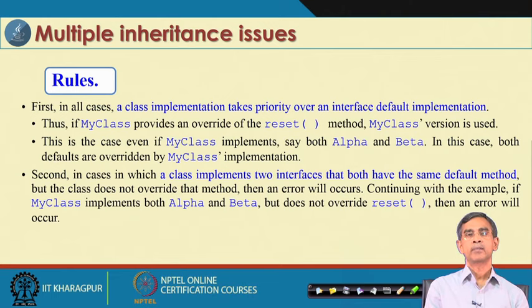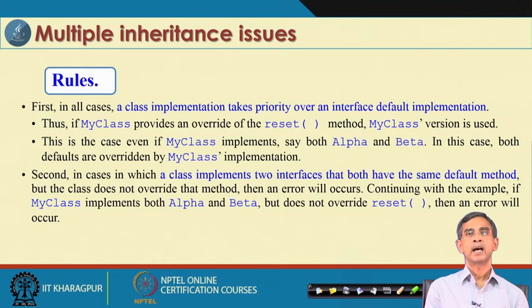Now, a few things are to be carefully noted. First of all, suppose the class implements two interfaces I1 and I2, and there is a method, say m, which is declared in both the interfaces. Then in the implemented class, which methods need to be implemented?